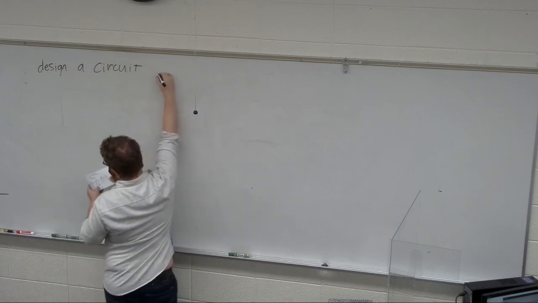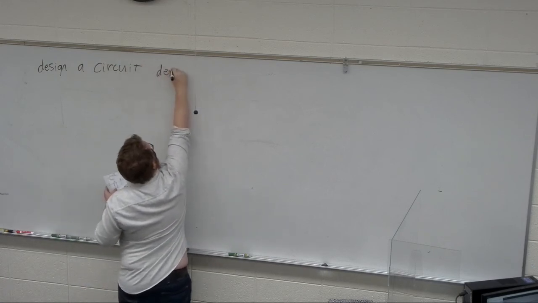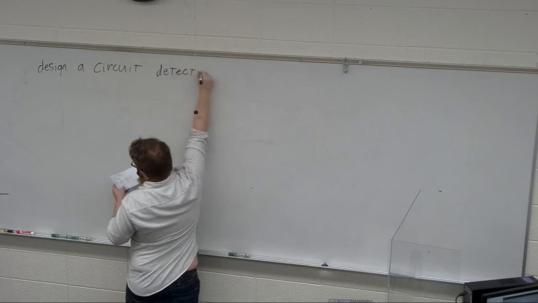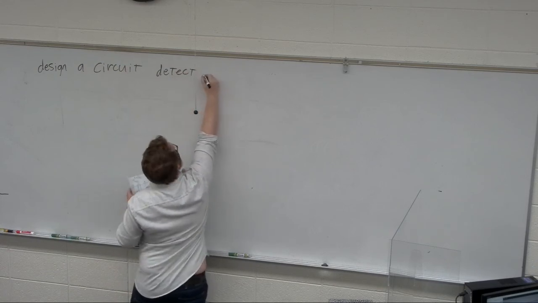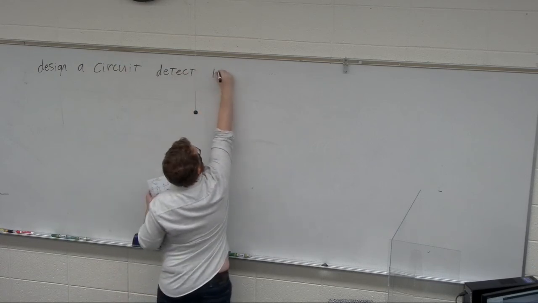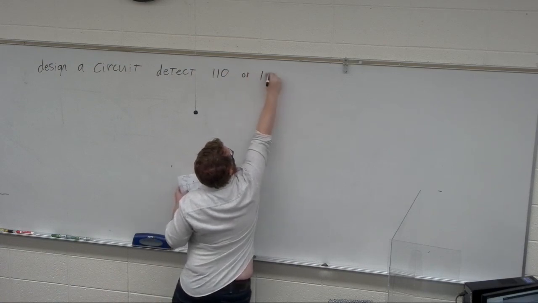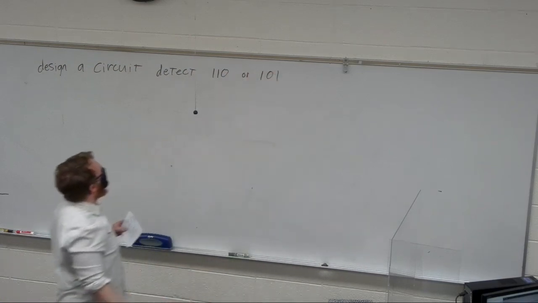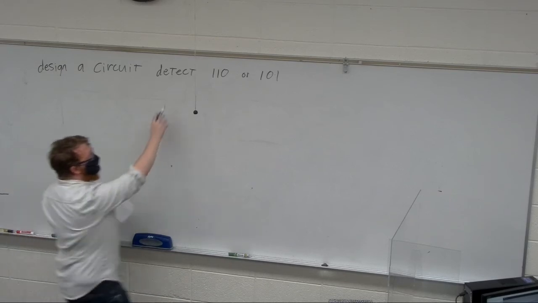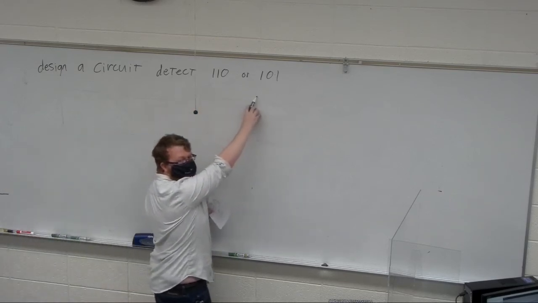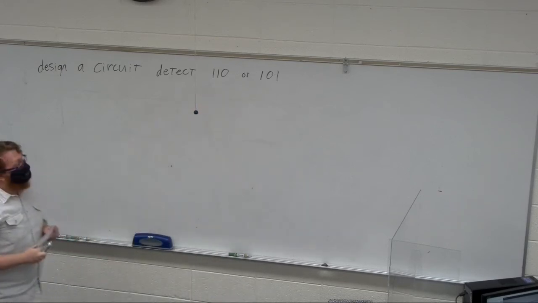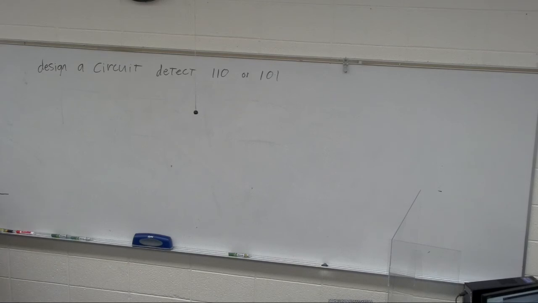I just don't remember what it is. There was an S and Y5 and Y6. Yeah, so this is what this is. Something like that. So that's what you've done, right? You've done this thing that detects 110 or 101. Based on what you guys currently know, this would be the full extent of the question.